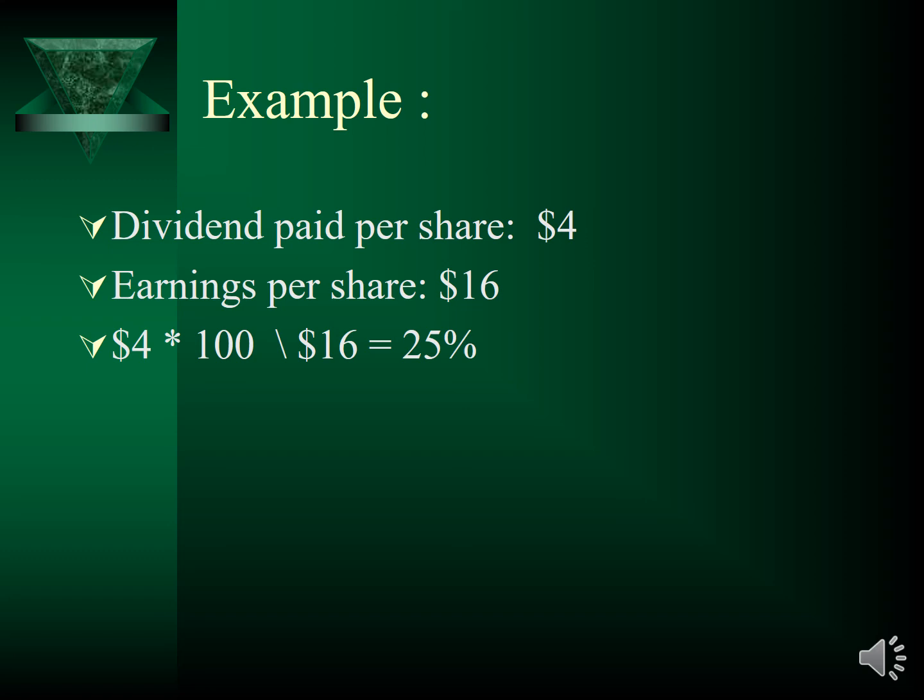There's an example here that if the dividend paid per share is $4 and the earning per share is $16, you can see that the dividend payment is 25% of the earning per share. So that means these dividends are adequately covered by earnings of the company.